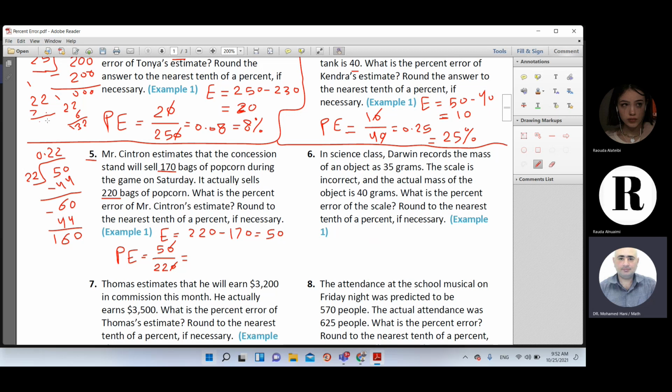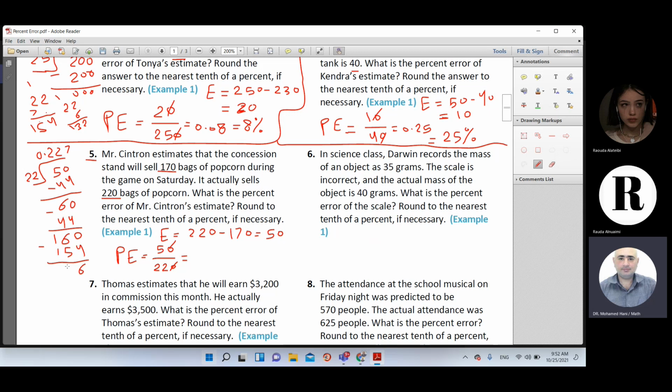Seven times 2 will be 14, plus 1 will be 154. So the nearest value to the 160 will be 154. And here we can write 7. The answer will be also 6.